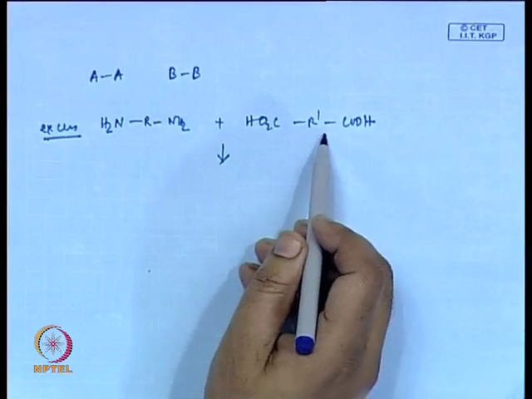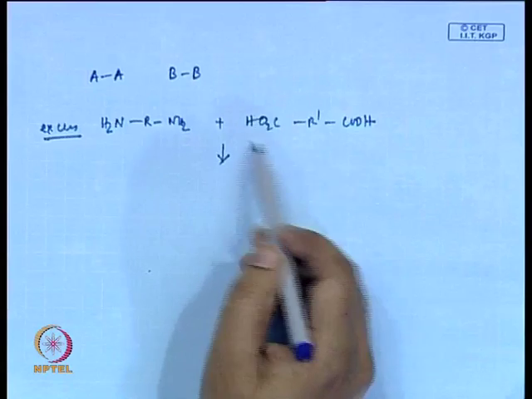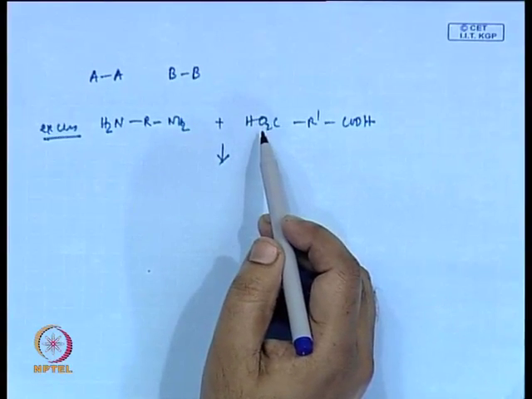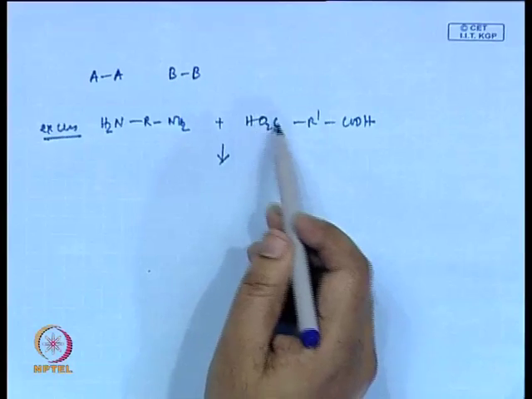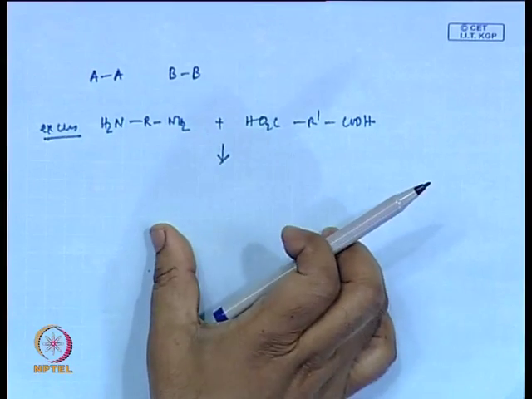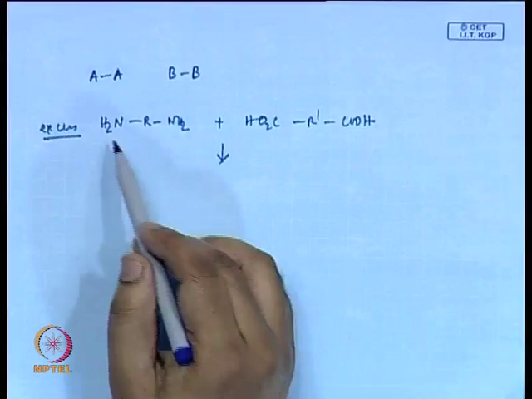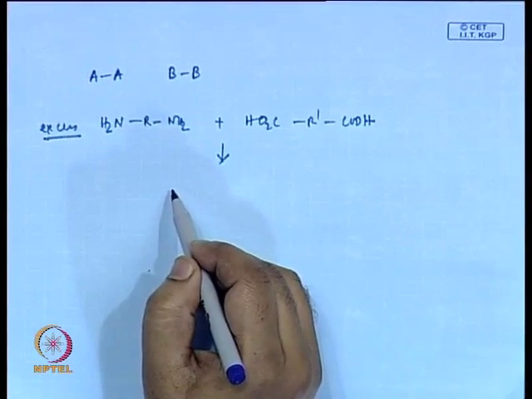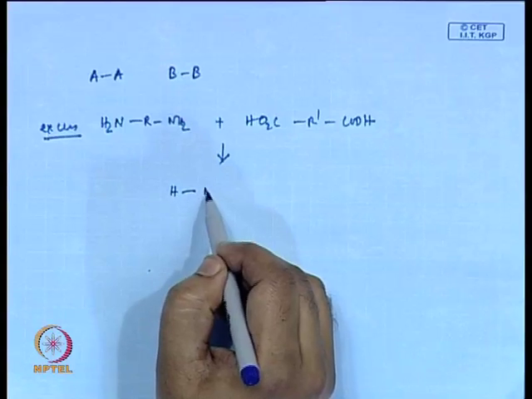this will react with the acid functionality as long as it is present, because the acid is present in a smaller amount. At the end, all the carboxylic groups will be consumed and you will end up with a polymer or oligomer chain with amine groups on both sides. So, you will end up with something like this.